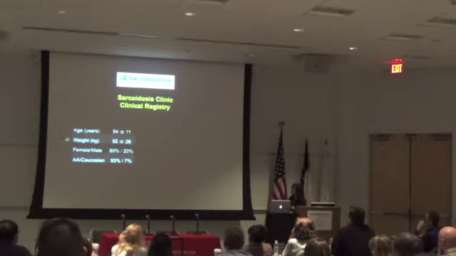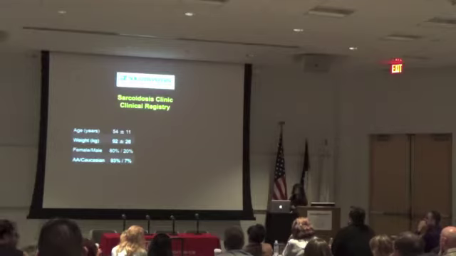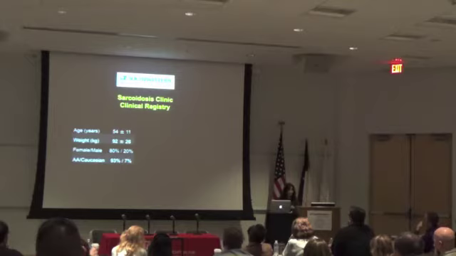The patients tend to be overweight because a lot of them have been treated with prednisone, which makes you gain weight. There's a predominance of female in our cohort, and a predominance of African American patients.